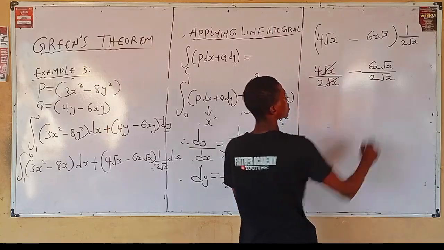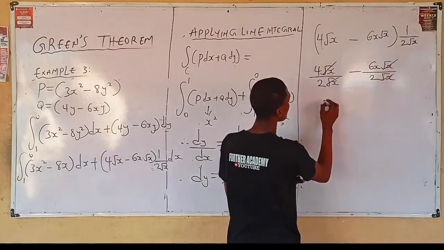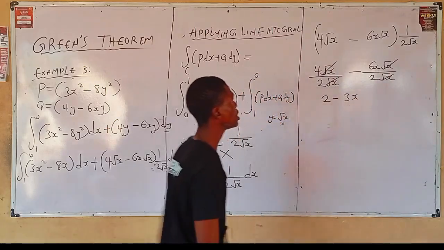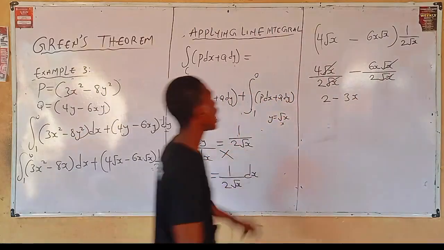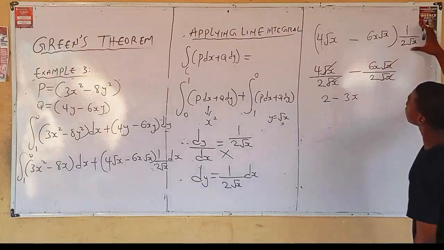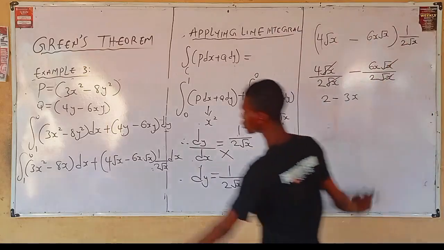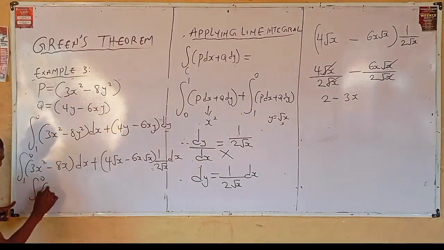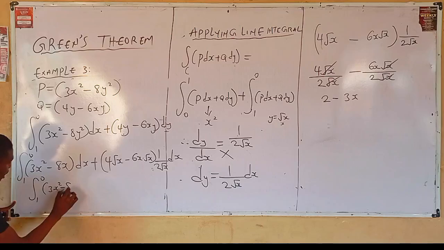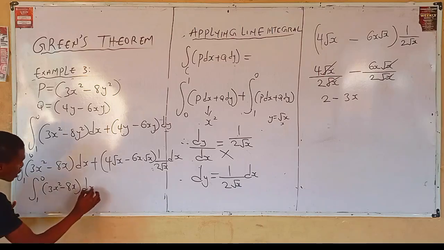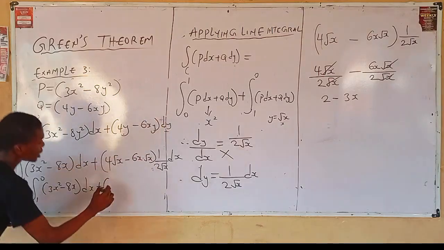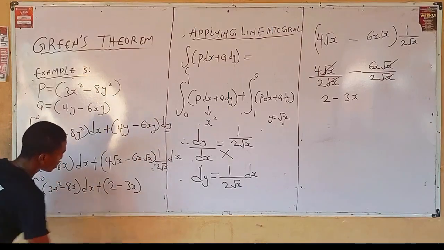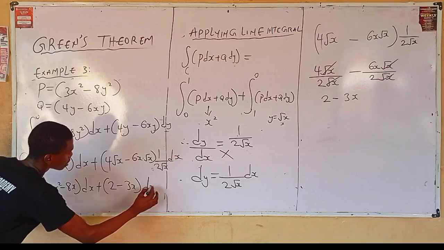This cancels out. This cancels out. From here, I have what? 2 minus 3x. So I've simplified this to this. So substitute. I have integral 1 to 0, 3x squared minus 8x dx plus what you've simplified, meaning 2 minus 3x dx.